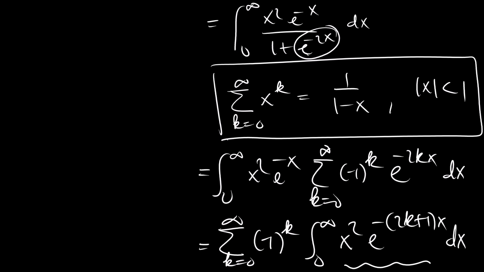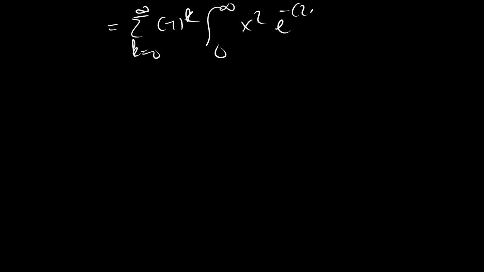We can focus on this and show that we have the summation from k equals 0 to infinity of negative 1 to the k, integral from 0 to infinity of x squared e to the power negative 2k plus 1 x dx.